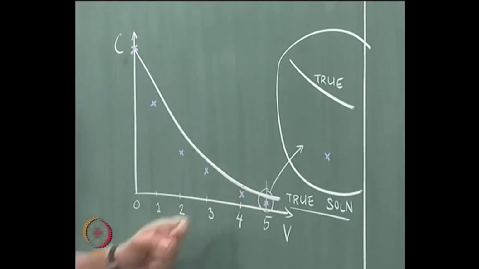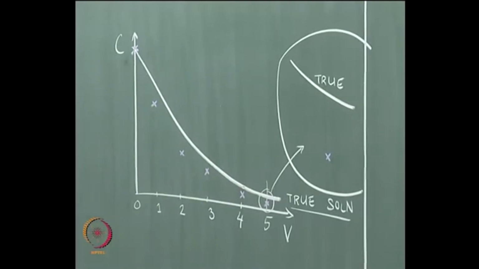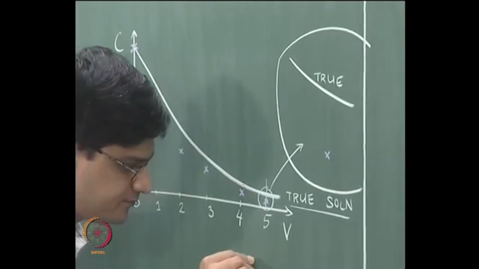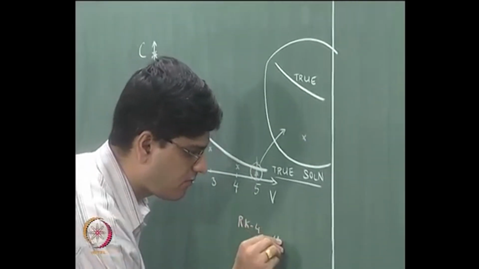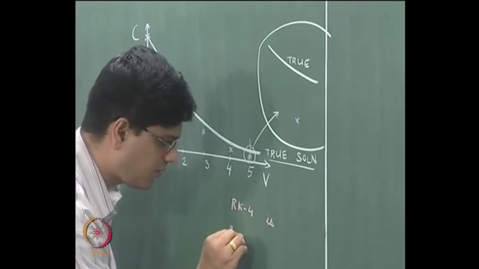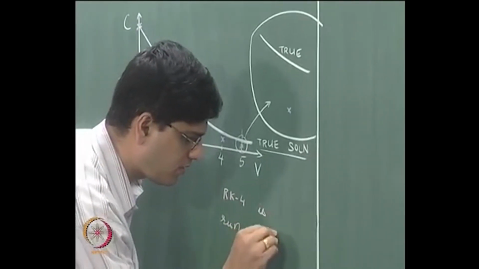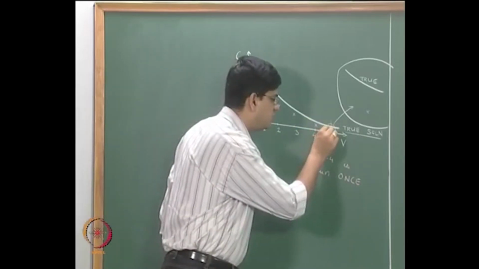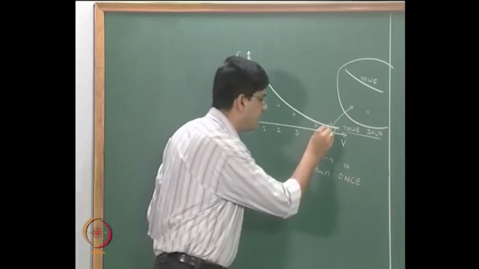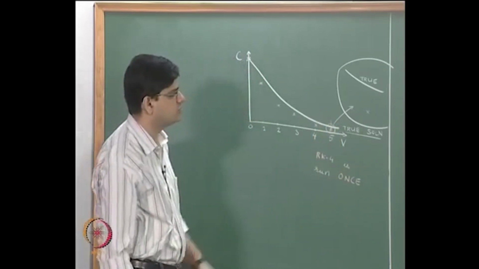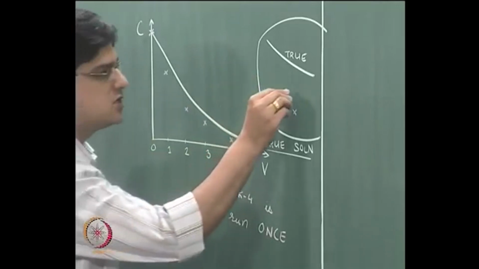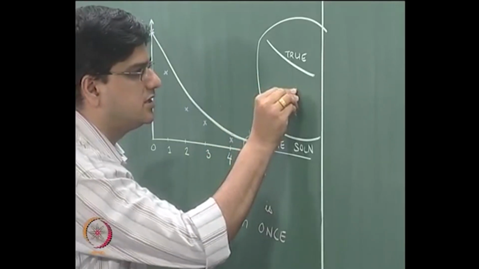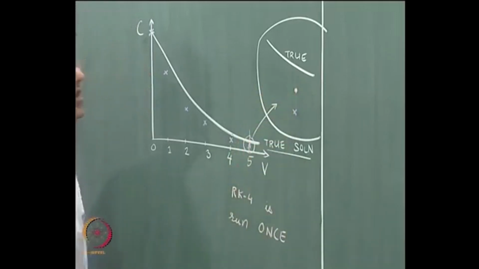If we restart this RK4 method at the true value and run it once, then from this point, the next numerical solution ends up being over here, this particular dot that I have shown. And when we blow up this picture, what we get is that this dot ends up over here if we had started with the true value.